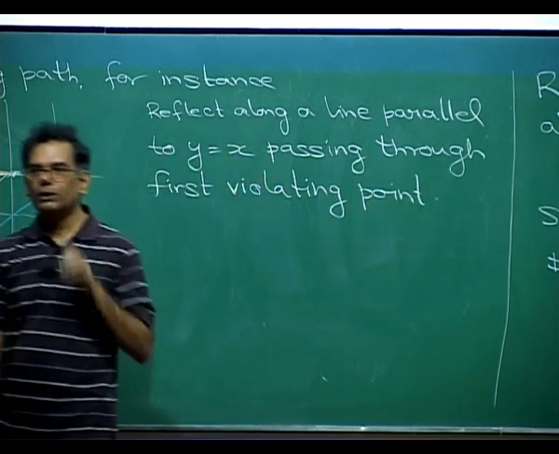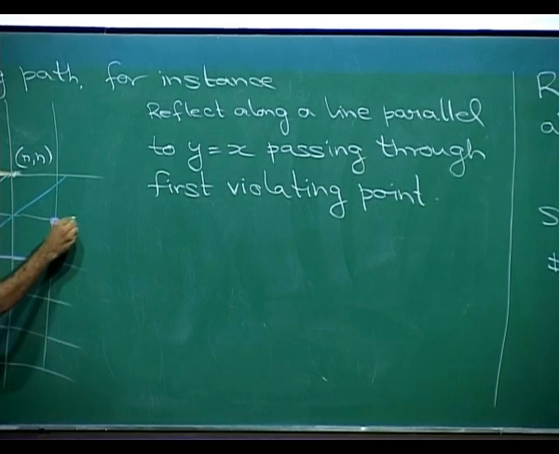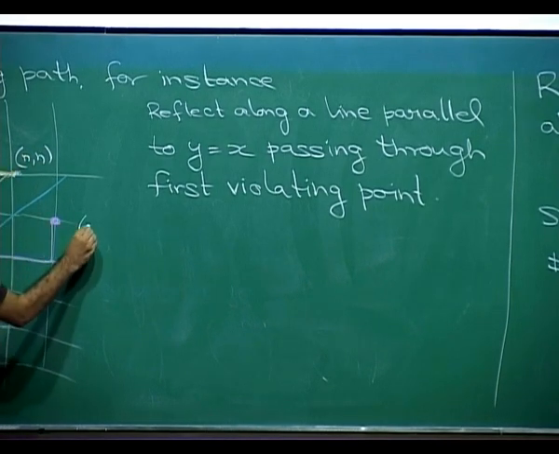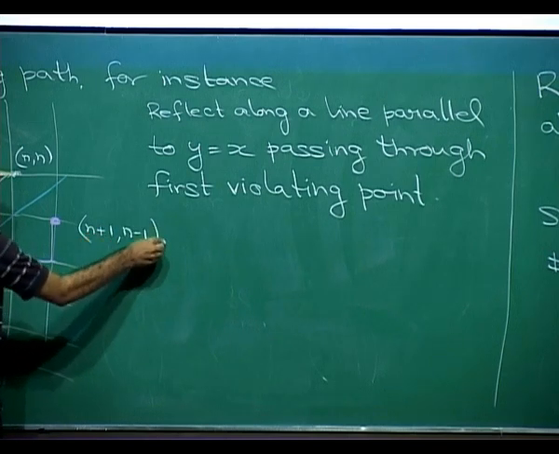So now we get a new path. This new path still begins at the point 0, 0, right? However, the ending point has changed. The ending point originally was n, n, in this case 5, 5. Now it has become n plus 1, n minus 1.